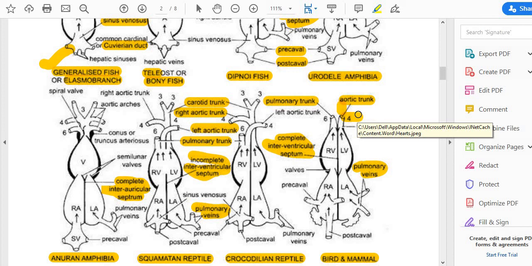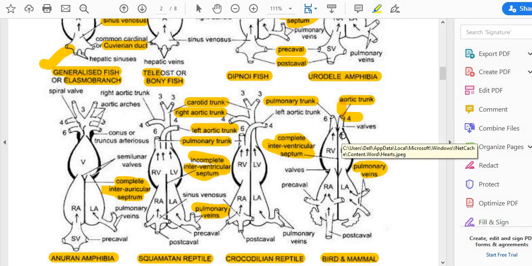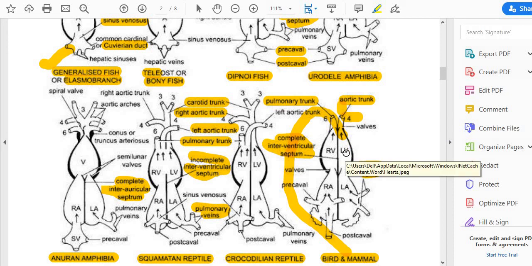In the case of birds, we see only the right systemic arch that arises from the left ventricle. This is the aortic arch, the systemic arch only, but it is dividing into two. The systemic arch that is arising from the left ventricle is called the right systemic arch.